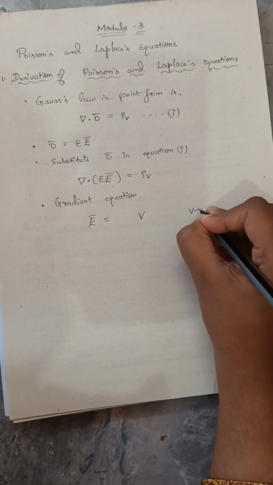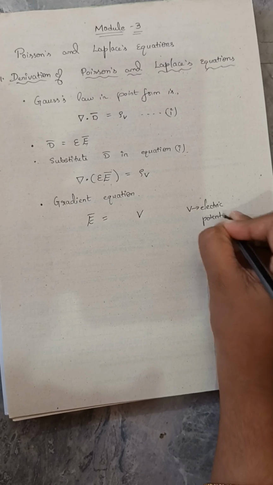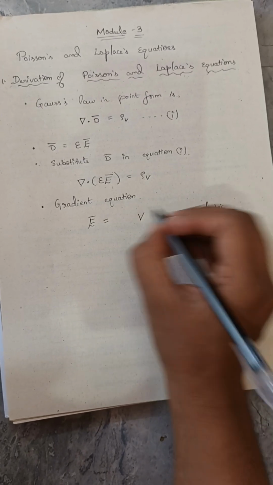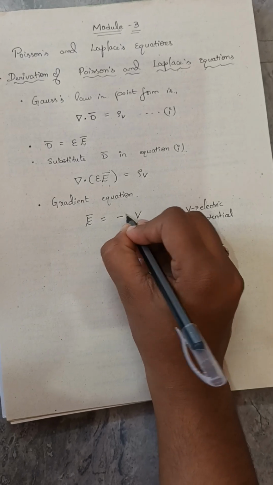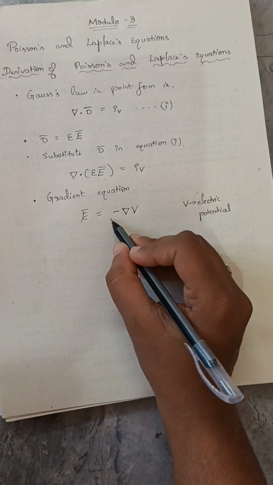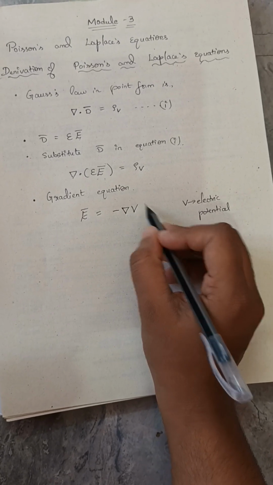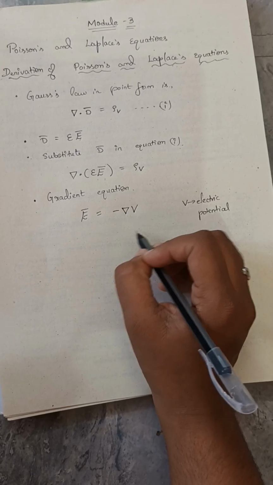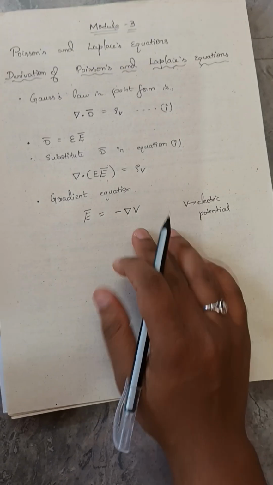V here stands for electric potential, and the relation is E is equal to minus del V. It is the variation in potential, a decreasing quantity, so you have a negative sign here.